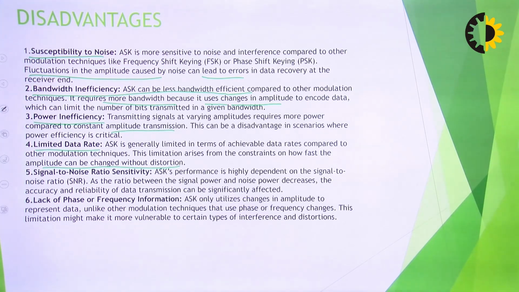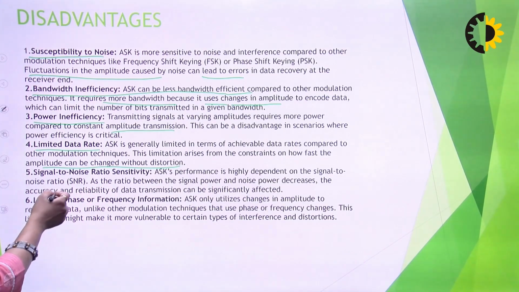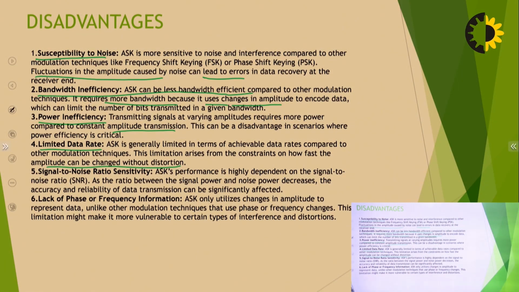So these are the disadvantages, and one more disadvantage is SNR sensitivity. It is dependent on SNR, signal to noise ratio. That means as the ratio between signal and noise decreases, the accuracy and reliability of the data transmission can be significantly affected. And the last is the lack of phase and frequency information.